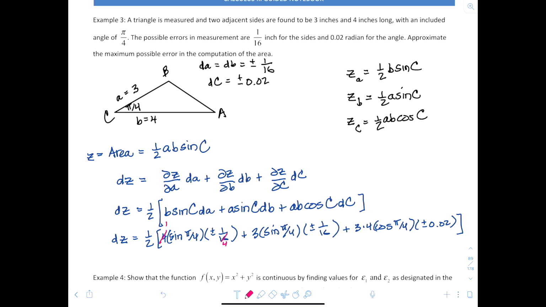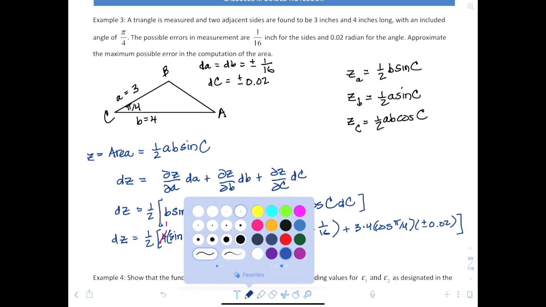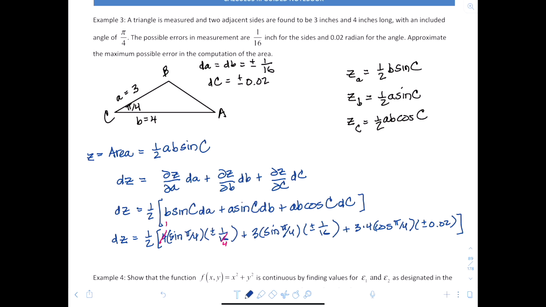So now when you simplify, let's see what we get. dz would be equal to sine pi over 4 is 1 over root 2. This is 1 over root 2. This is also 1 over root 2, or you can say root 2 over 2. And so when I get out the calculator, this is what I got.